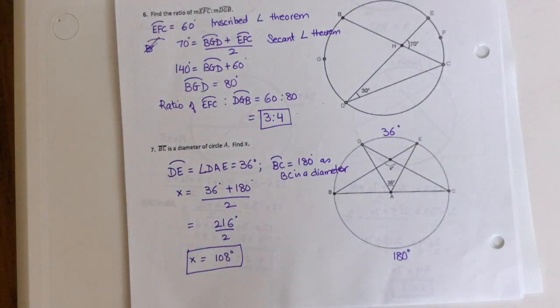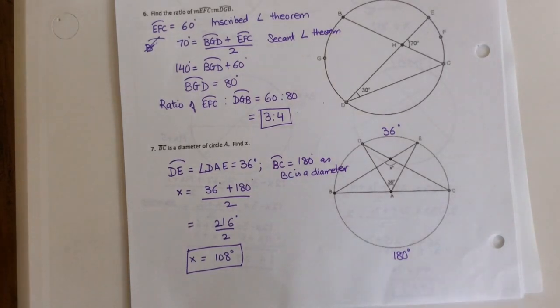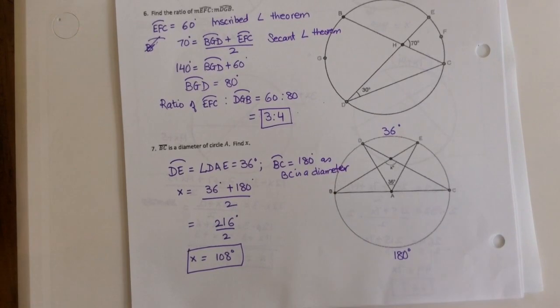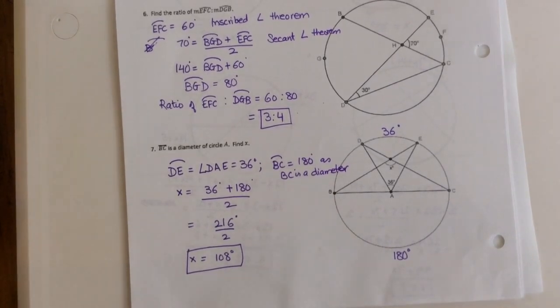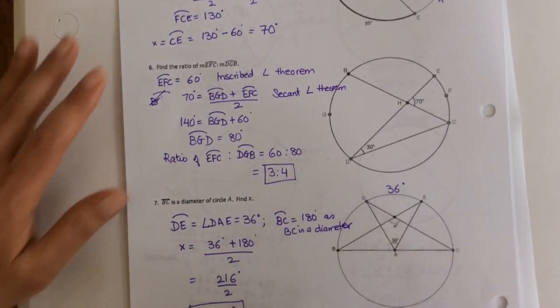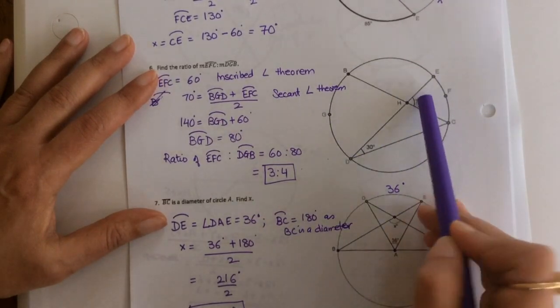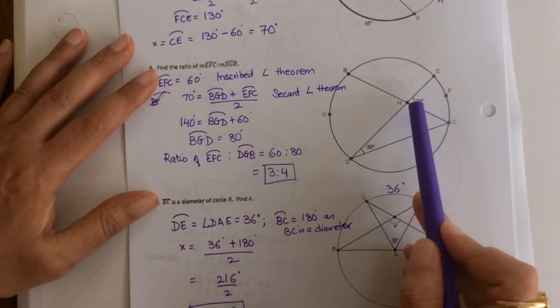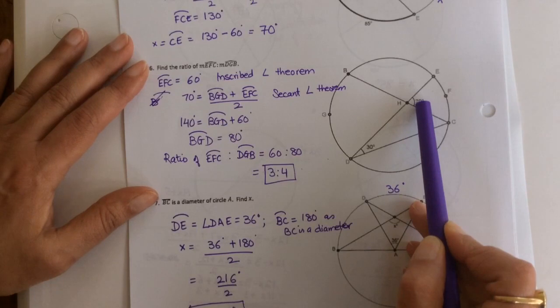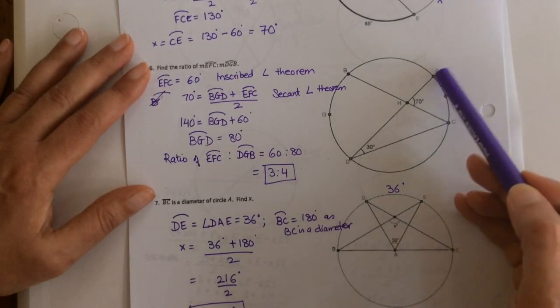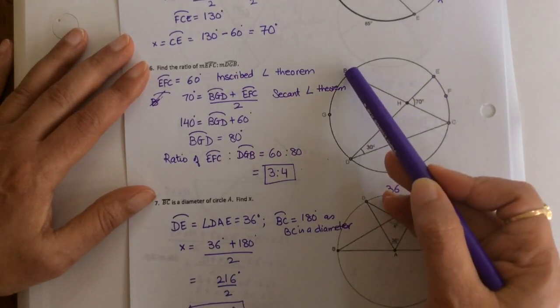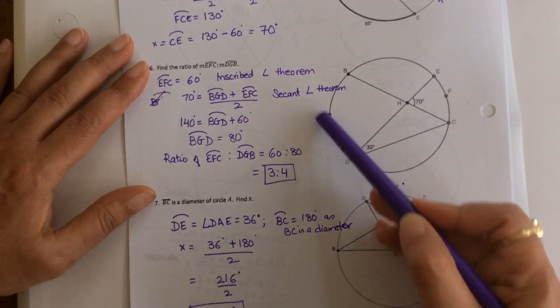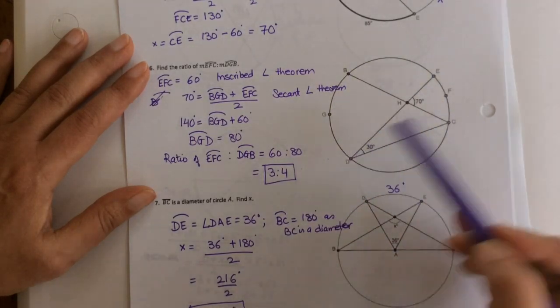Okay, everyone. So in this lesson, we have worked on the secant angle theorem interior case, which tells me that if 2 secants are intersecting inside a circle, then the angle that it forms is going to be 1/2 of the sum of the 2 arcs that it creates.